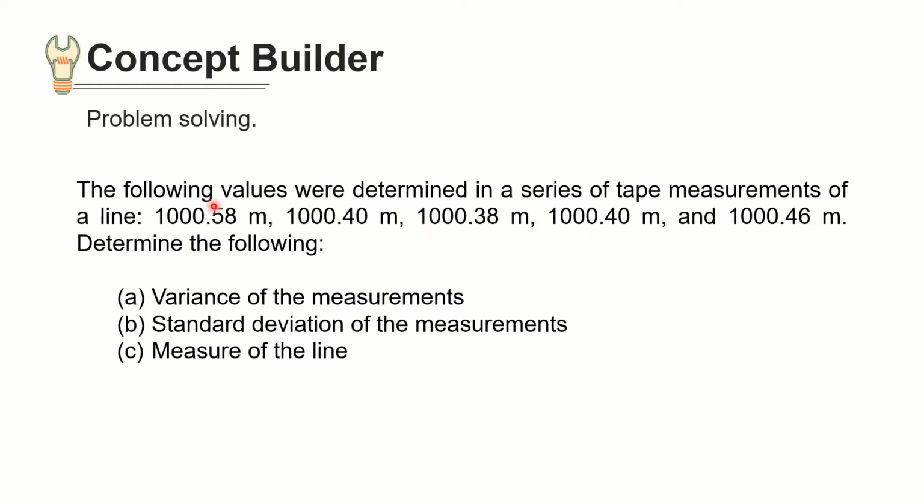So we have 5 trials and 5 observed measurements. Determine the following: variance of the measurements, standard deviation of the measurements, and measure of the line.